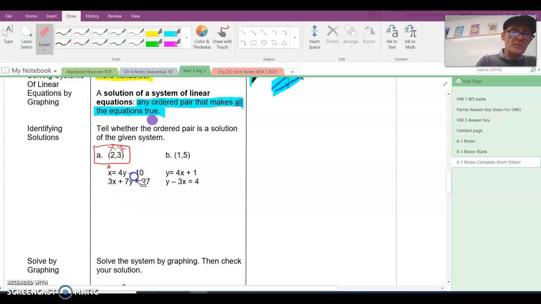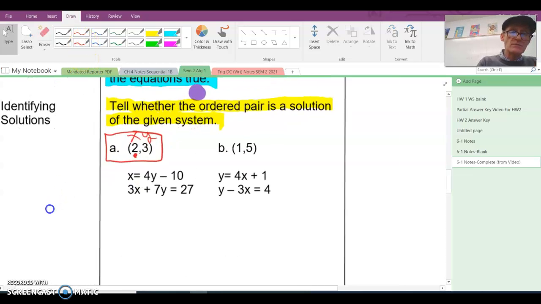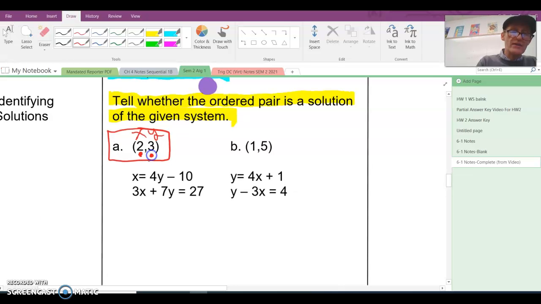Let's do it. The directions are: tell whether the ordered pair is a solution of the given system. So we're going to substitute this x and this y in here, here, here, and here.